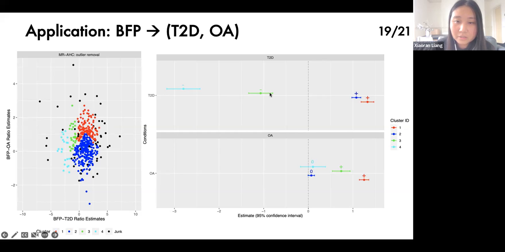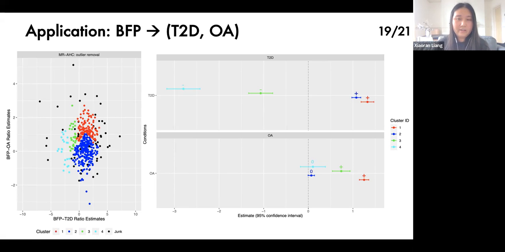And for cluster 3 in green, indicating decreasing risk for type 2 diabetes, but increasing risk for osteoarthritis. And for the last cluster, indicating even larger negative effects for type 2 diabetes, which is a decreasing risk, but no effects on osteoarthritis.